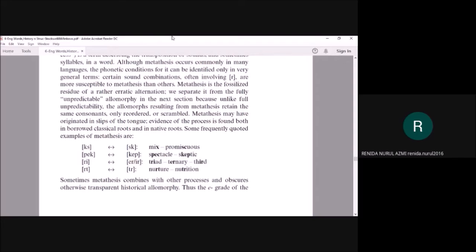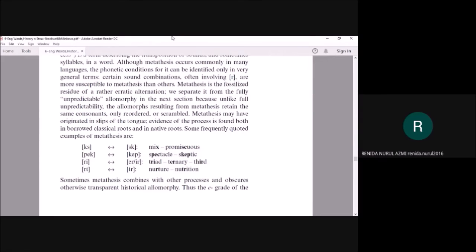Metathesis may have originated in slips of the tongue. Evidence of the process is found both in borrowed classical roots and in native roots.